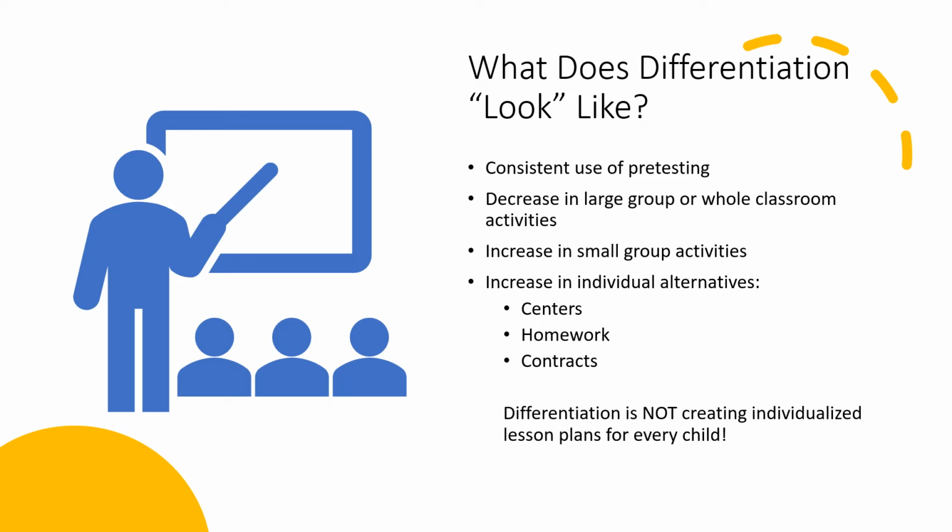You might see an increase in individual alternatives in centers, homeworks, and learning contracts. One thing that differentiation is not is that it's not about creating individual lesson plans for every child. You wouldn't have time to do that or to carry it out.